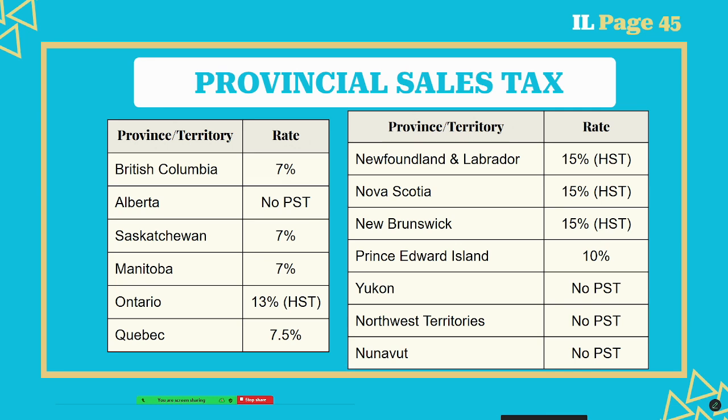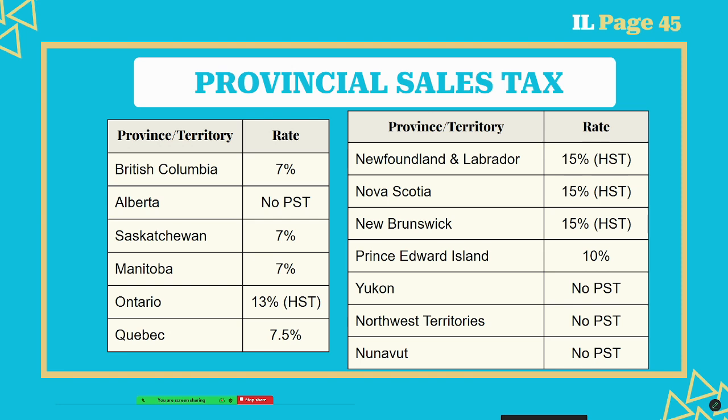We discussed how none of the territories have PST, as well as Alberta as the only province not having any. Quebec has 7.5%. PEI has 10%. The remaining provinces have HST. All of the other provinces have 15% except for Ontario.